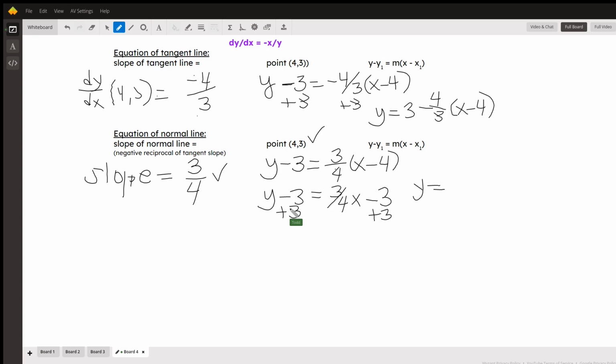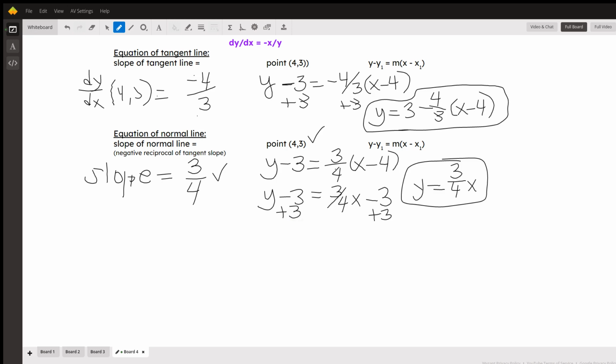And you get y is equal to 3/4 x plus 0, or y equals 3/4 x. So this is like part of the problem you were doing. We found the equation of the tangent line at (4, 3), and we found the equation of the normal line at (4, 3). I hope this helps.